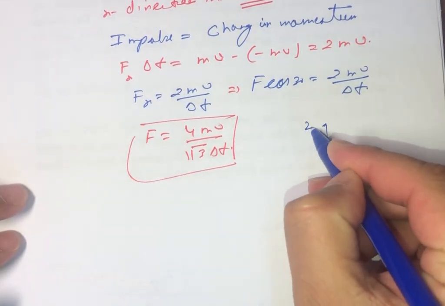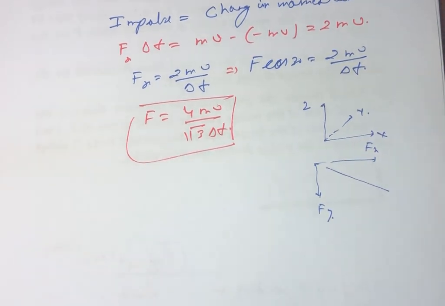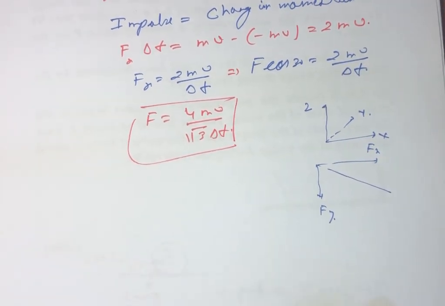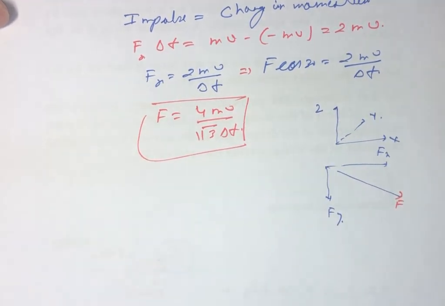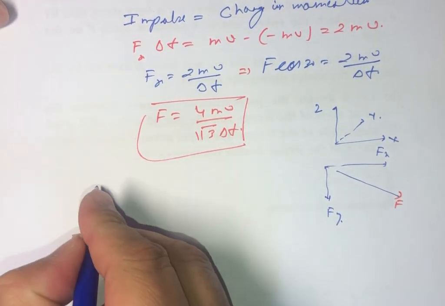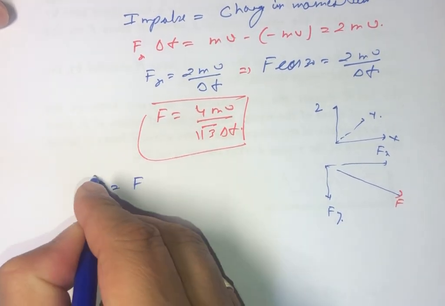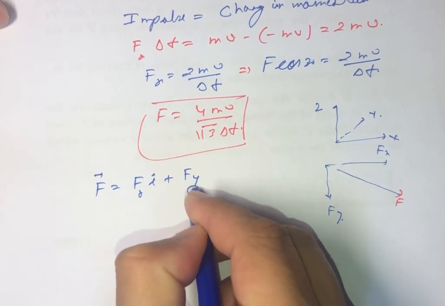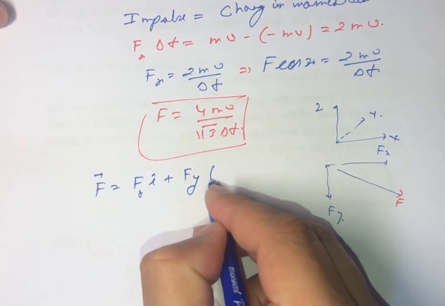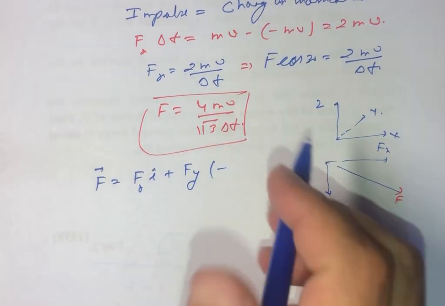Okay, so this is the z-axis and we have this as the y-axis. So we can say our F is equal to, in vector form, F x unit vector i plus F y, minus unit vector k.